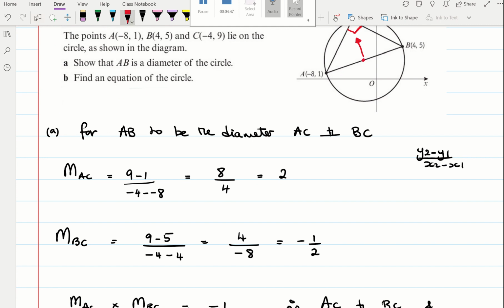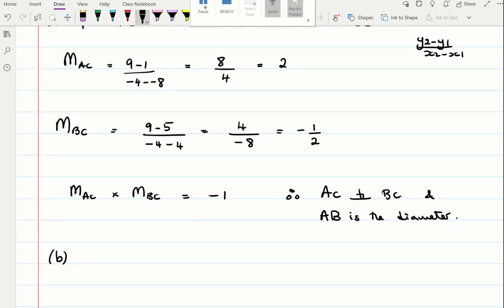Well, to find the equation of the circle, I have to have the center, because I want the coordinate for the center, and I also want the radius, because the equation of the circle looks like this: x minus a squared plus y minus b squared equals the radius squared, with the center being (a, b).